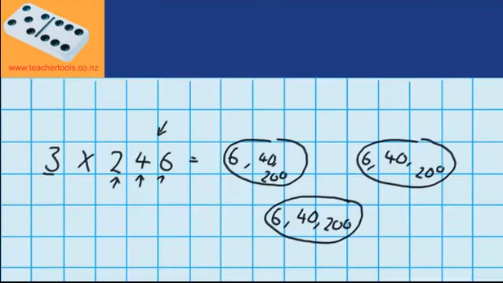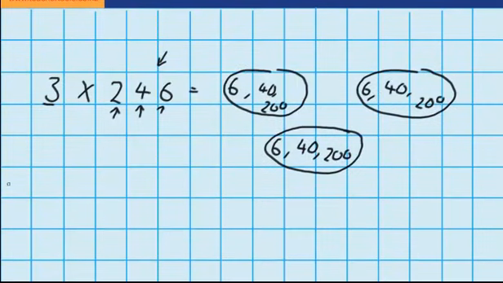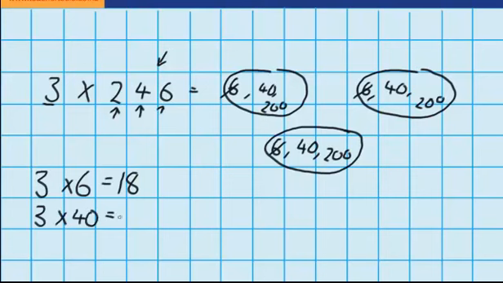Well, first of all I want to work out how many ones I've got. I've got 3 groups and there are 6 ones in each group, so 3 groups of 6 is 18. Now I've worked out all the ones. My next step is to work out the tens. Again I've got 3 groups of 40, and I know that 3 groups of 40 is 120, so I can cross out all my 40s.